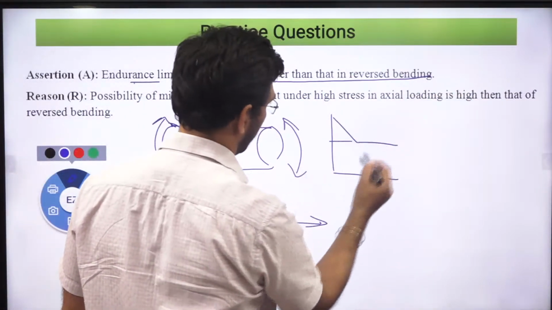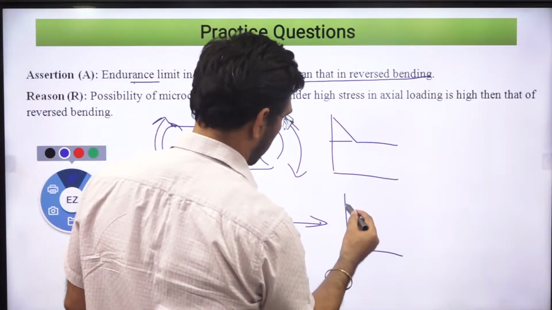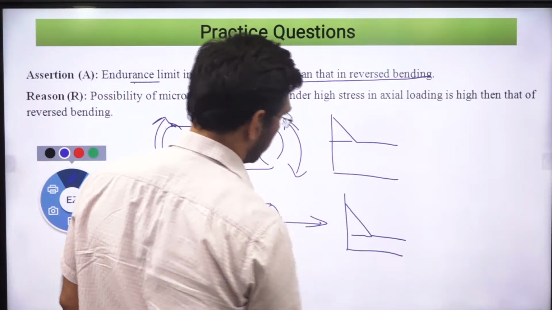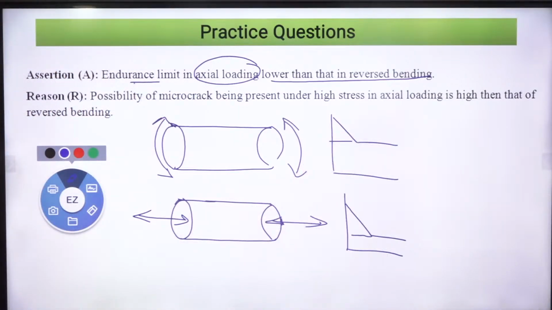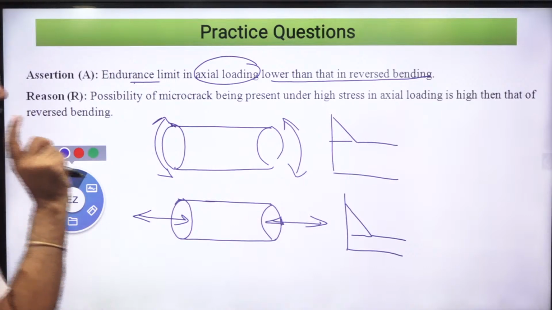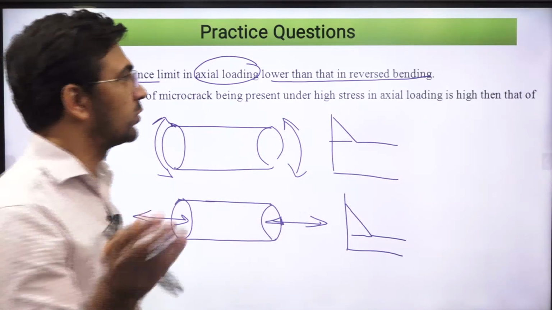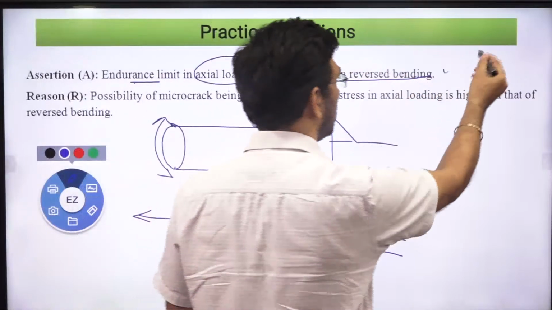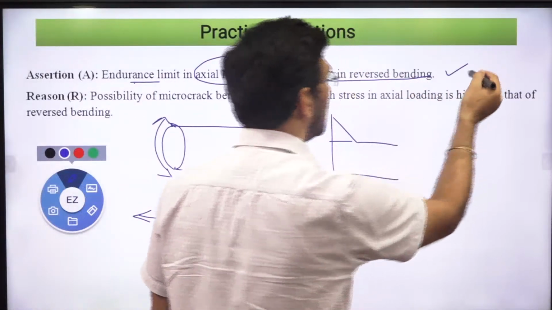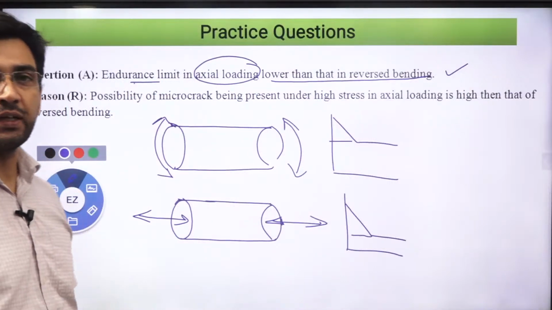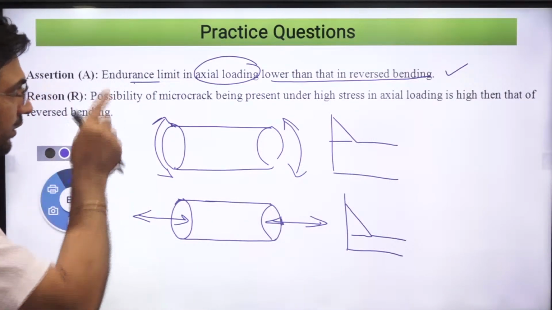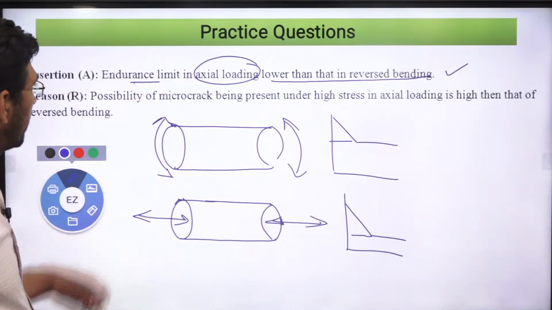Let us say in this case this is the value, and in this case the value is getting lower. This is lower compared to this one. So is it the case? Endurance limit in axial loading is lower than in reverse bending. Okay, this statement is correct. Even if you don't know, consider it correct as of now. So we want to see whether the next statement is correct and correctly explains the logic for this.